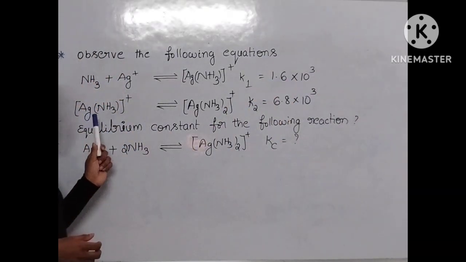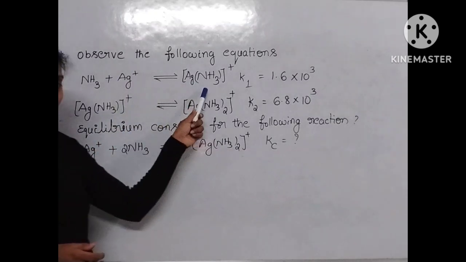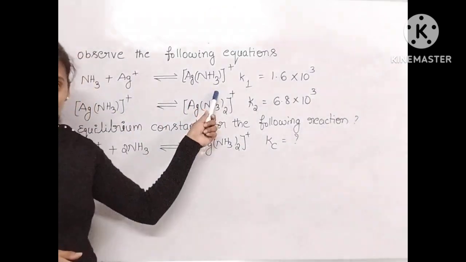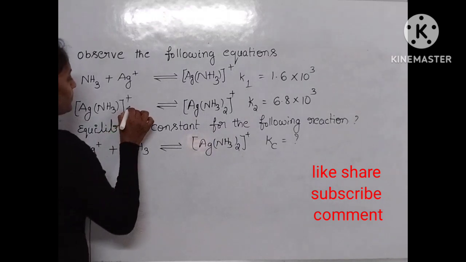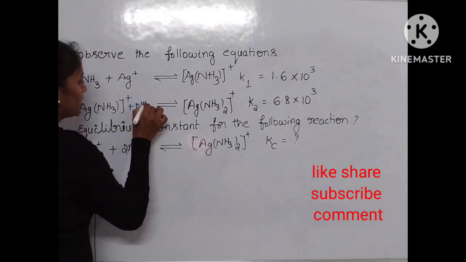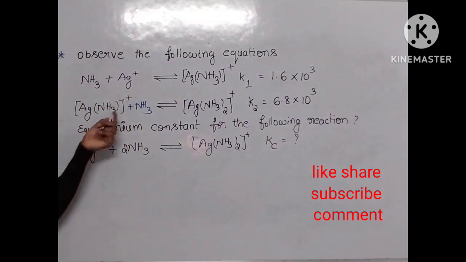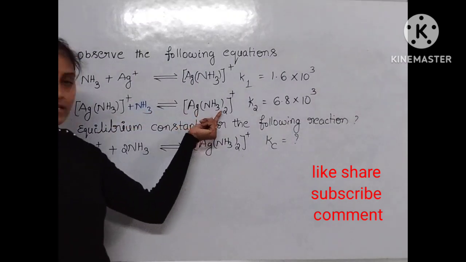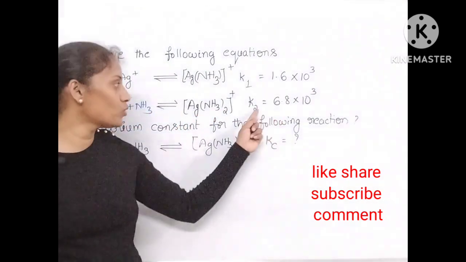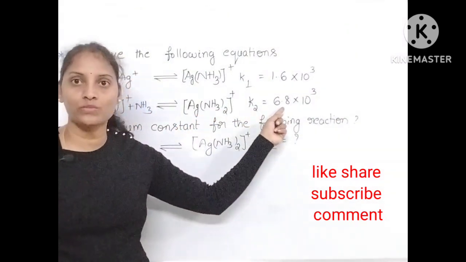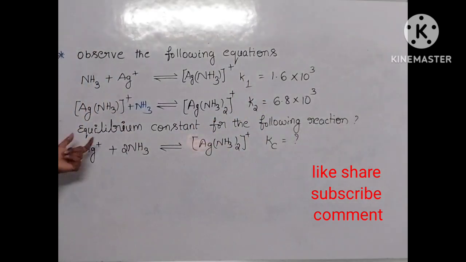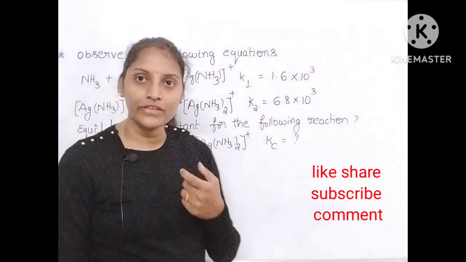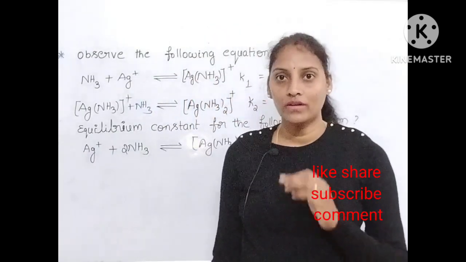Then the second equation is, the formed Ag(NH3)+ here reacting with one more NH3. Here I am going to write that one more NH3. So then it would become Ag(NH3)2+. Here also the K2 value is 6.8 into 10 power 3. So then you need to calculate the equilibrium constant for the following reaction.